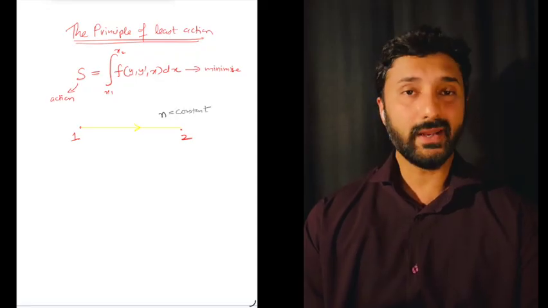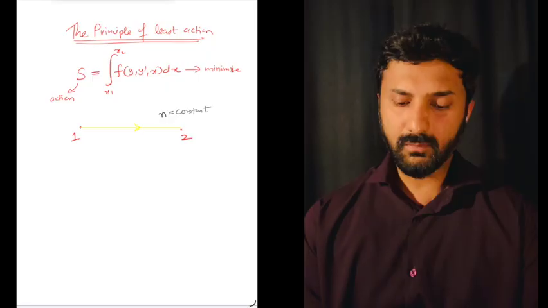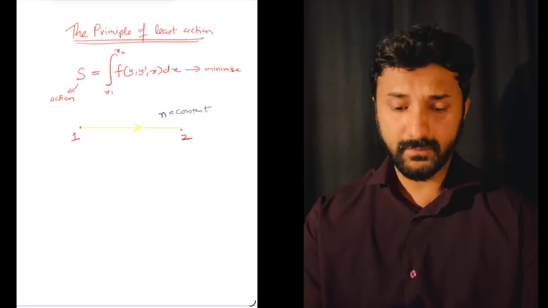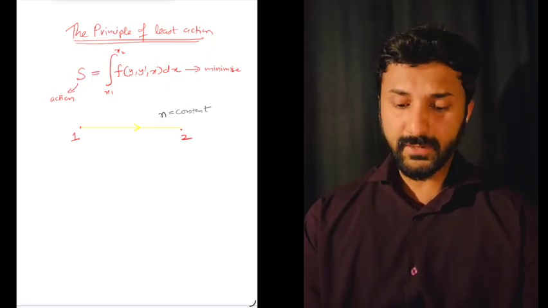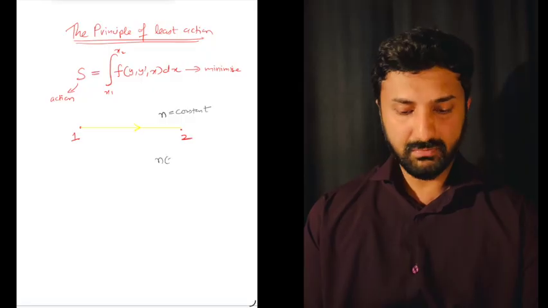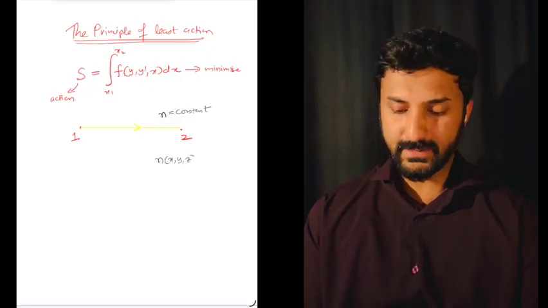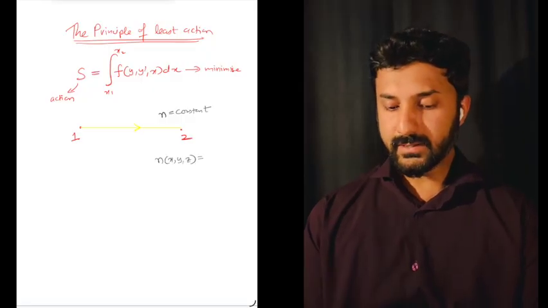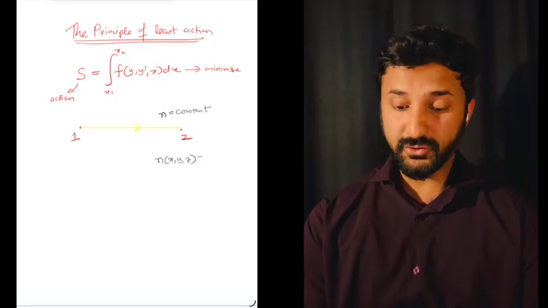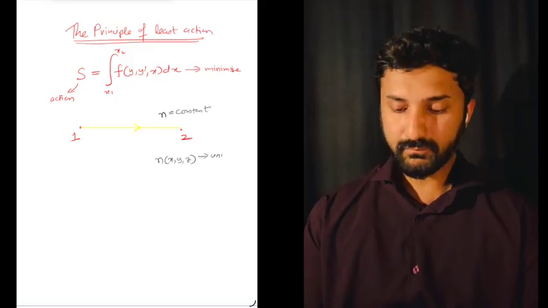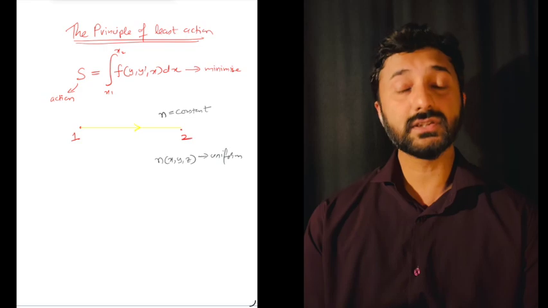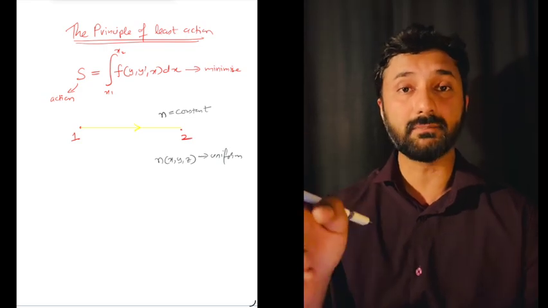If it's not varying from place to place, more particularly, a better word would be uniform, right? So you can think of a refractive index as a function of space x, y, z. And if that is going to be uniform, the light is going to take a straight line path.